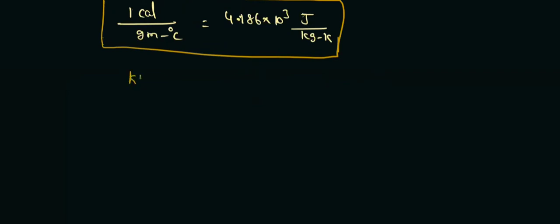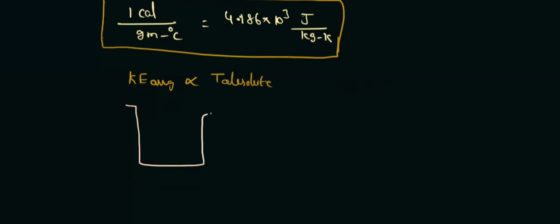We have said average kinetic energy is directly proportional to absolute temperature. If you remember that, whenever you give heat to a substance, how is that heat going to be used? Suppose, let me give you the idea for water.